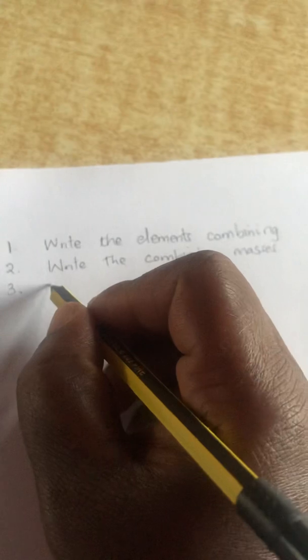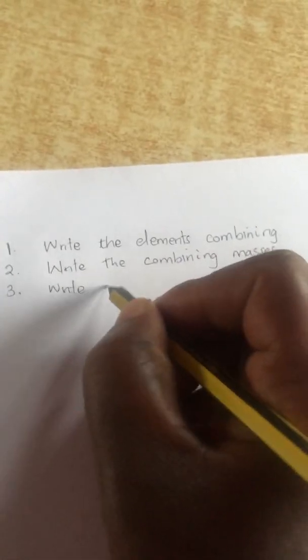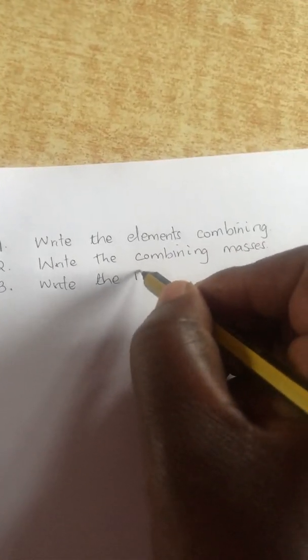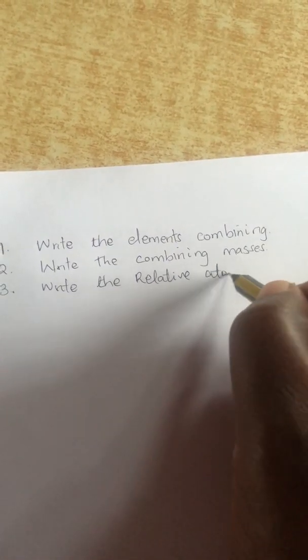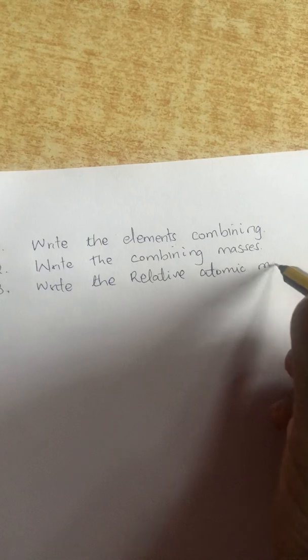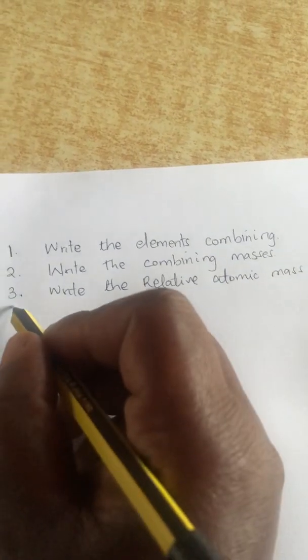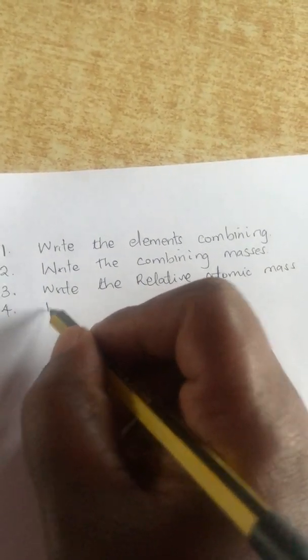Thirdly, you write their relative atomic mass. Fourthly, you determine the number of moles.